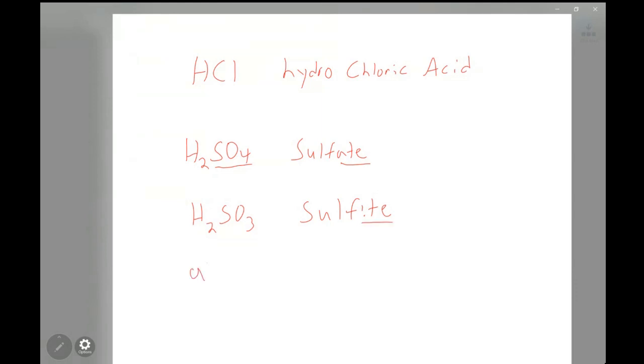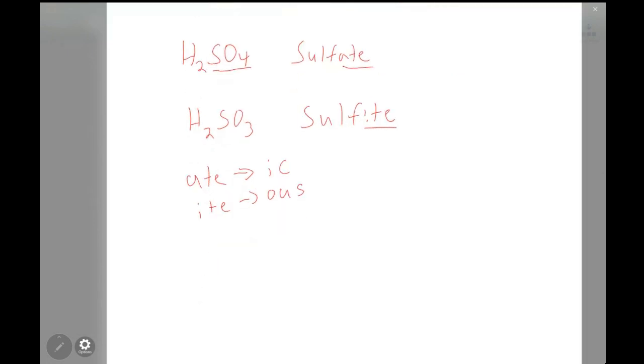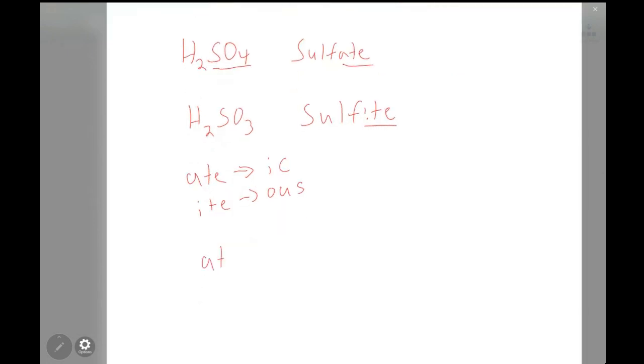If you have ate, it becomes ic. If you have ite, it becomes ous. A handy way of remembering this is you can say, I caught a bad case of ate ic, ite ous. So ate to ic, ite to ous.